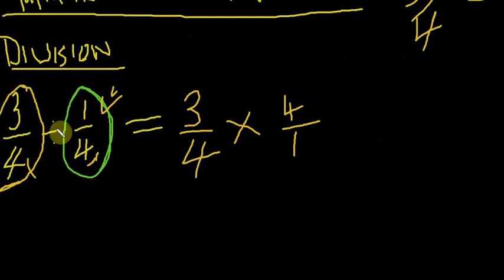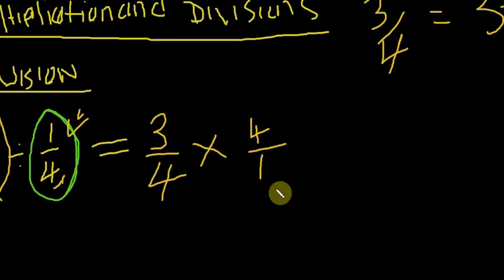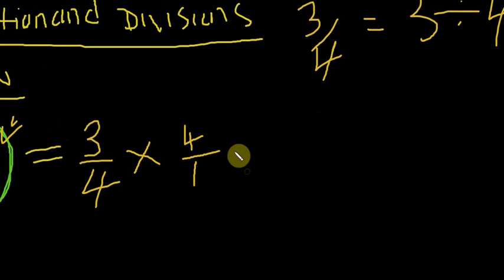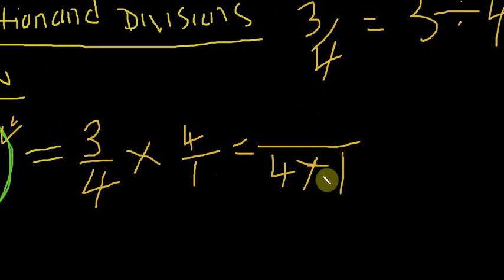So the division sign changes to multiplication. You have 1, you have 4. Now you have 4 on top and you have 1 at the bottom. So we just do multiplication as usual. 3 times 4 over 4 times 1, numerator times numerator.